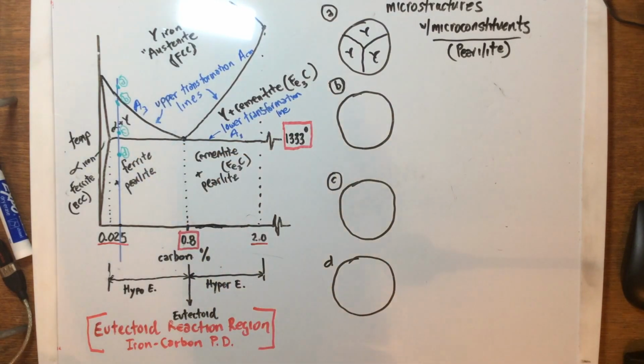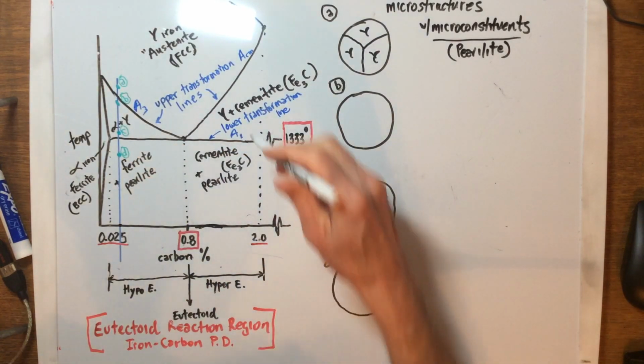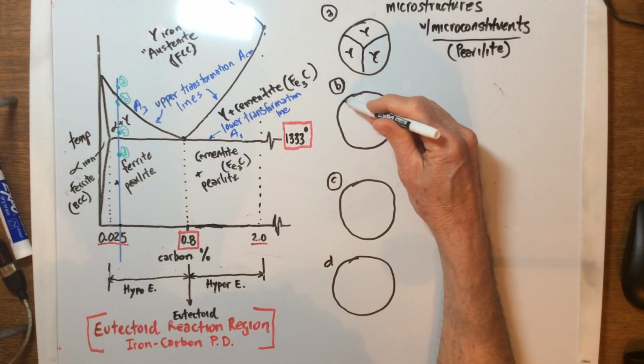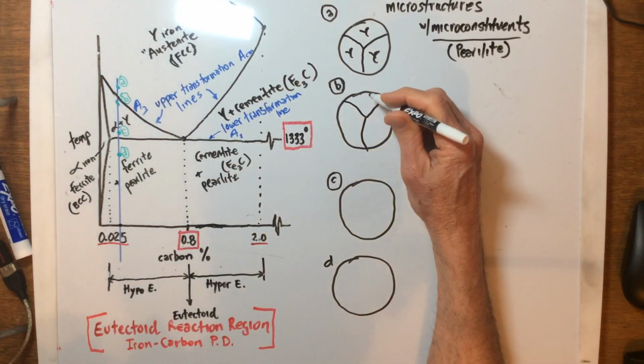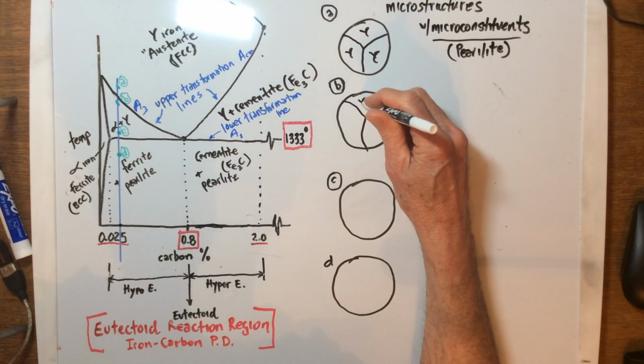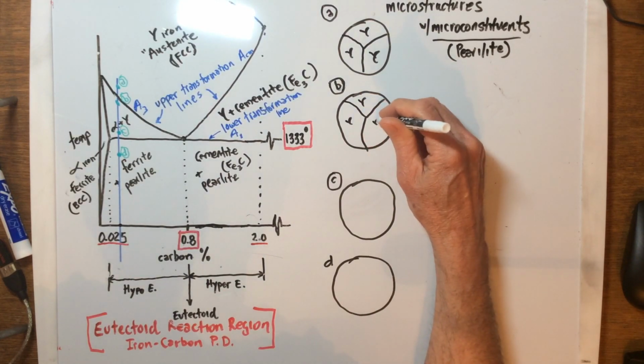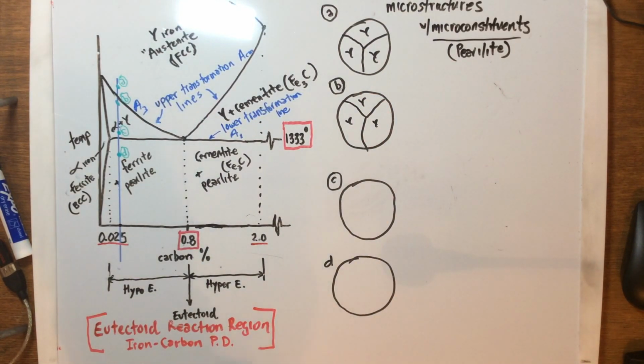The lion's share of this will still be the gamma grains, but there's going to be a few beginning formations of alpha grains here.